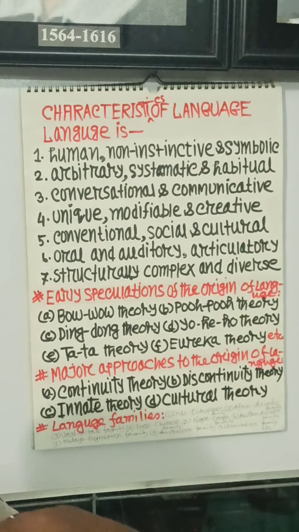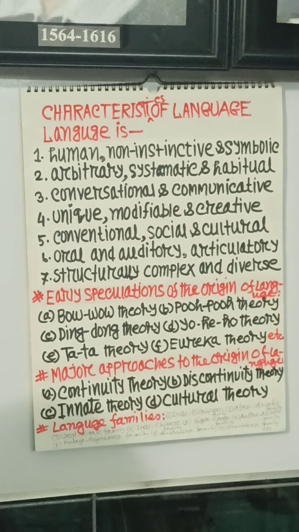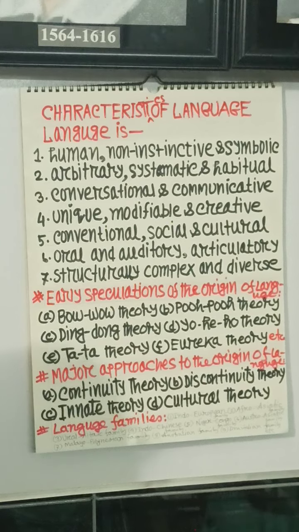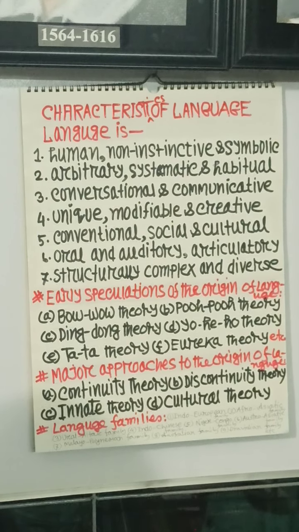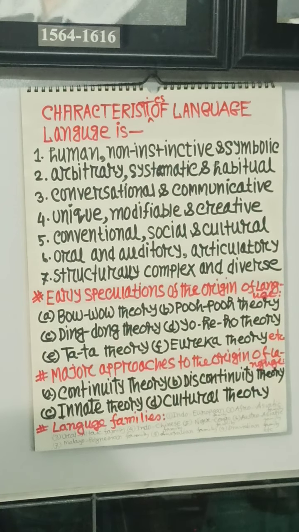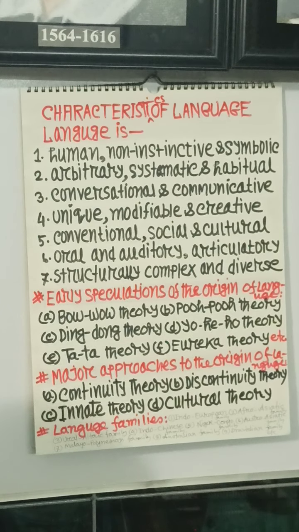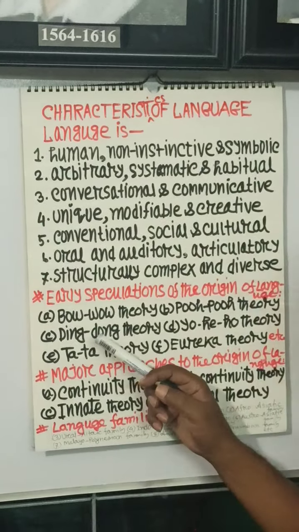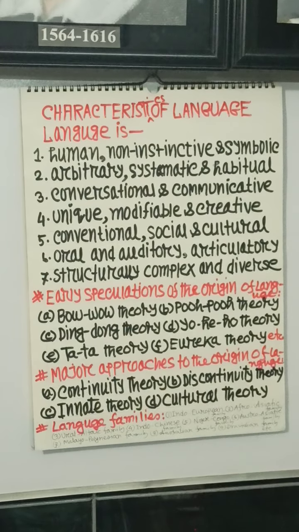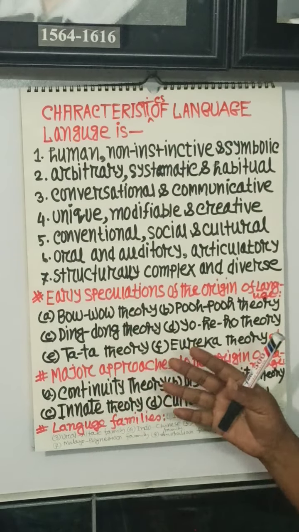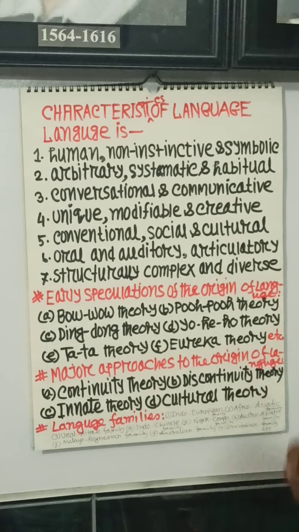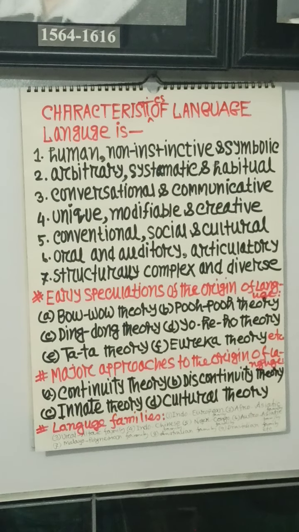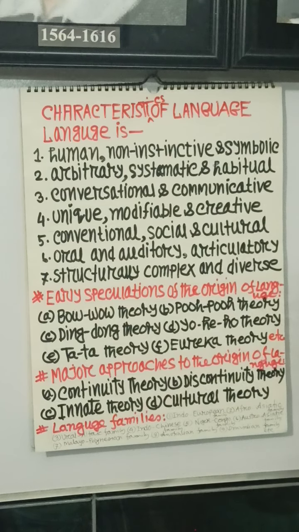For example, some earliest speculations about the origin of language are: firstly, bow wow theory. Secondly, pew pew theory. Thirdly, ding dong theory.